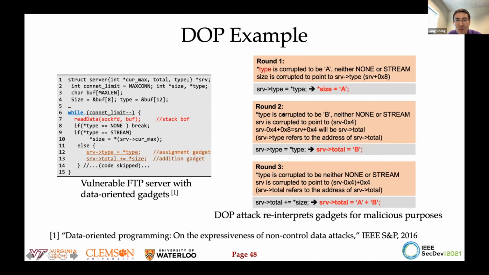In the second round, by sending another malicious payload to the server, the attacker assigns value b to this served total. The third round is pretty straightforward. We just execute the addition gadget in line 13, so we get the value a plus b, and this value is stored in served total.